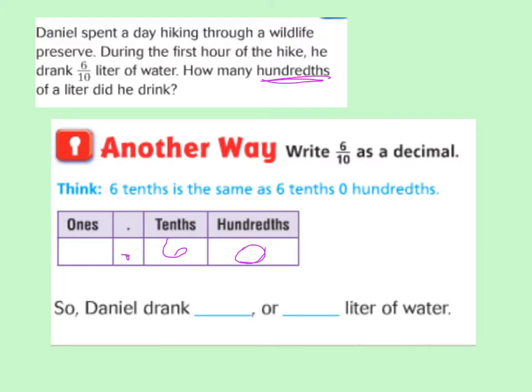If you notice, this 0 does not matter in this column. If I put a 0 here, it's still equivalent. So I can put a 0 in the hundredths place and still make it 6/10 or 60 hundredths. So Daniel drank 6/10 or 60 hundredths as a decimal. So this 6/10, and here again 6/10, is equivalent to this.